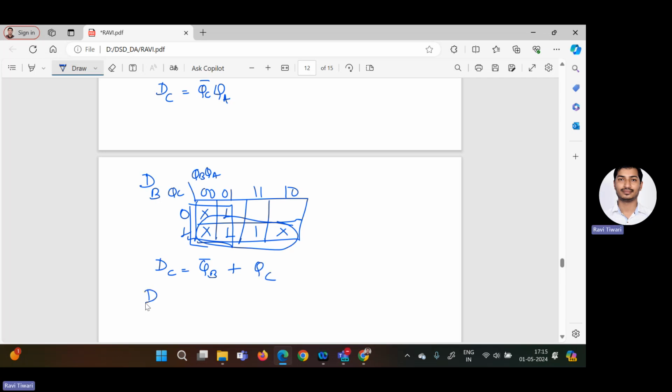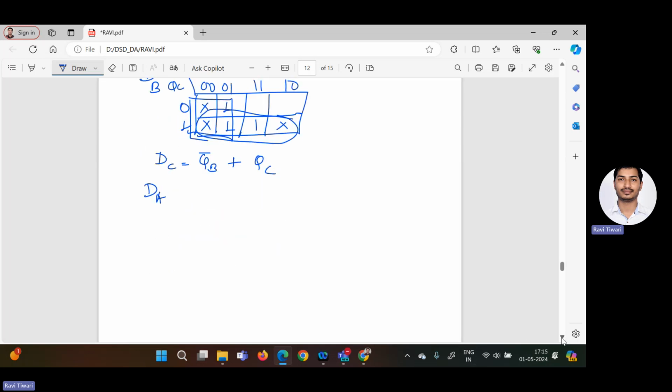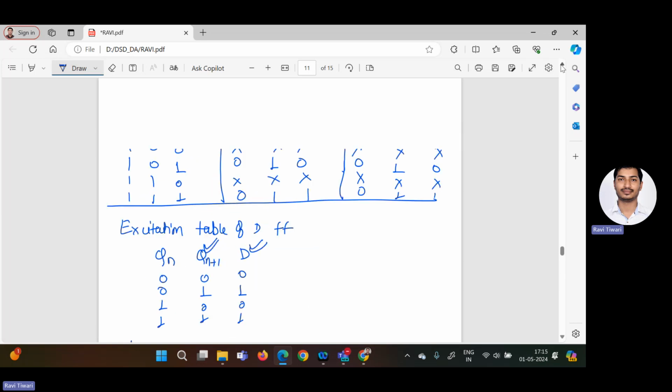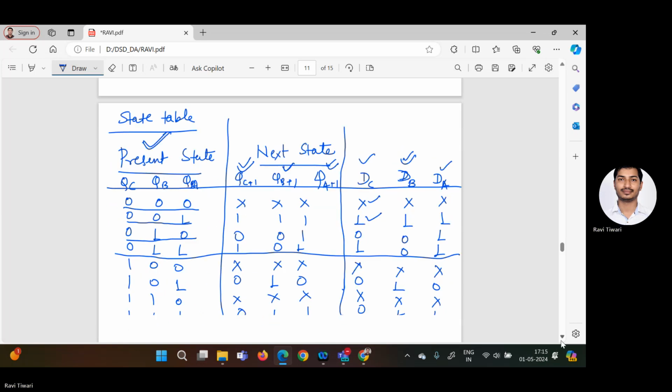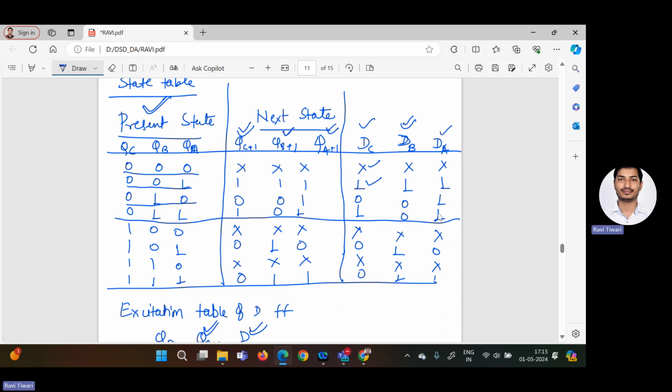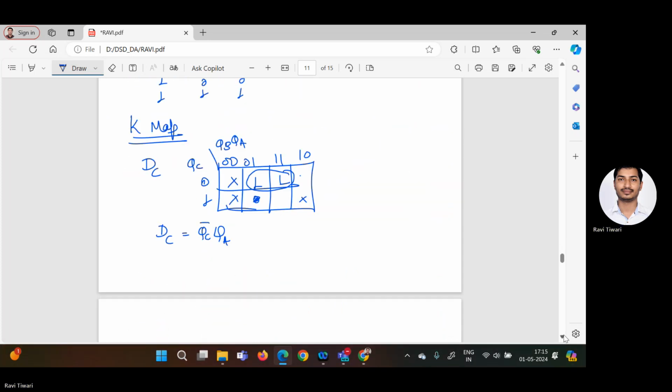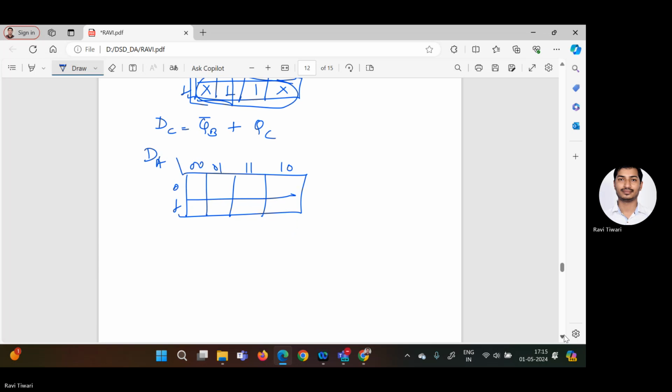Similarly, the expression for DA will be calculated by using the three variable K map, drawn like this. This is 0, this is 1, and 00, 01, 11, 10. And if you see the table here for DA, it's don't care, 1, 1, 1. So here you draw don't care, 1, 1, 1.